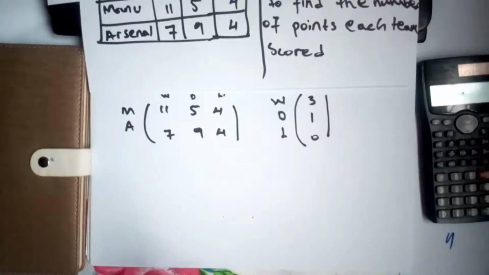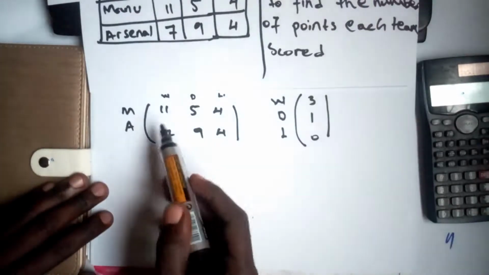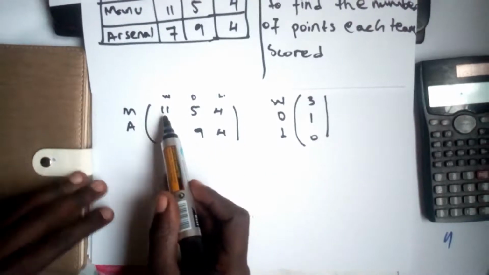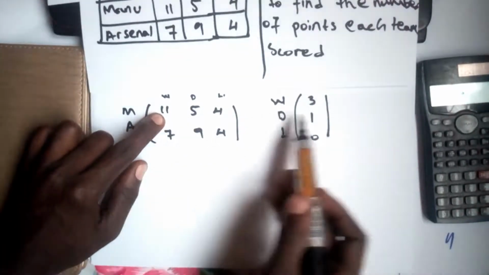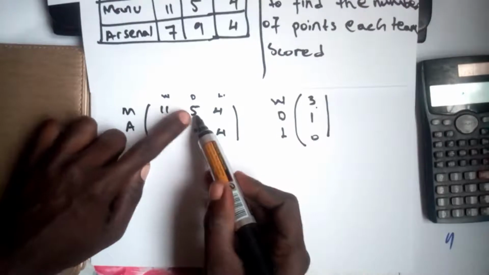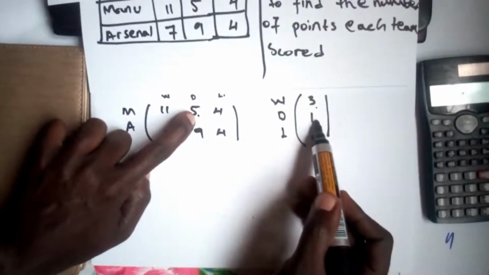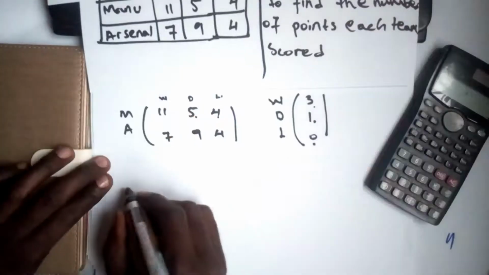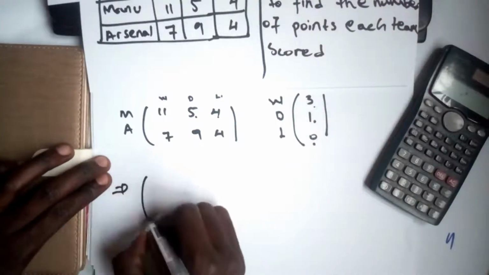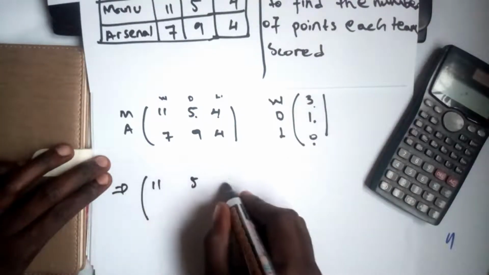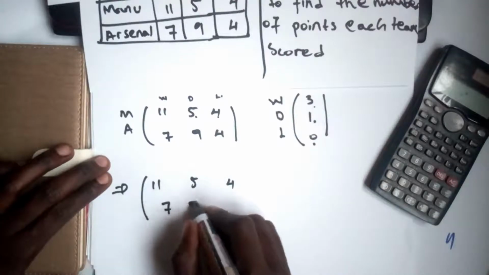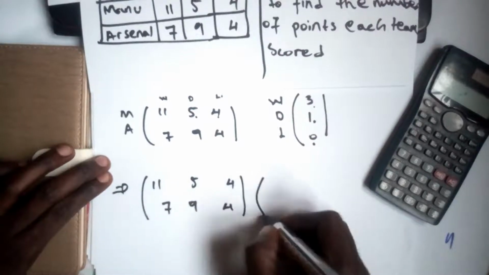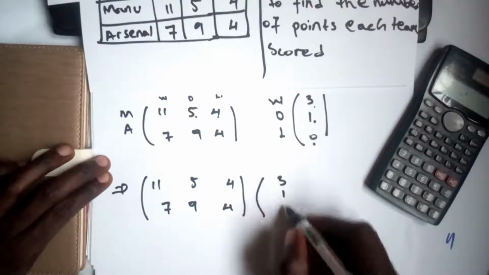Meaning that if I'm doing matrix multiplication, I'm going to be multiplying row by column. So the win will automatically go with the win, the draw will automatically go with the draw, and the loss will automatically go with the loss. So we just multiply 11, 5, 4, 7, 9, 4 into 3, 1, 0.